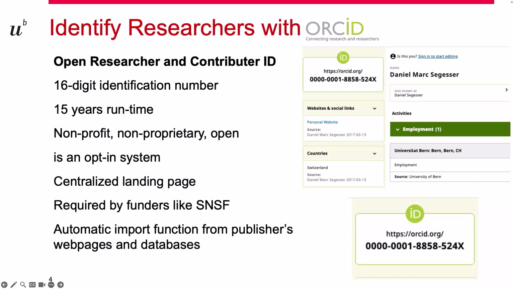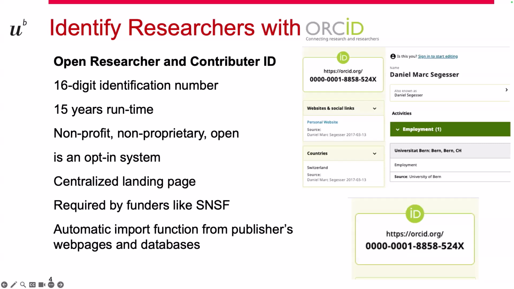It's basically a 16-digit number and a link to your personal profile. With ORCiD, you can connect all your research activities and outputs, like publications and data sets or peer reviews that you do, in one place. That means you have a complete and easily accessible record of everything you've contributed.